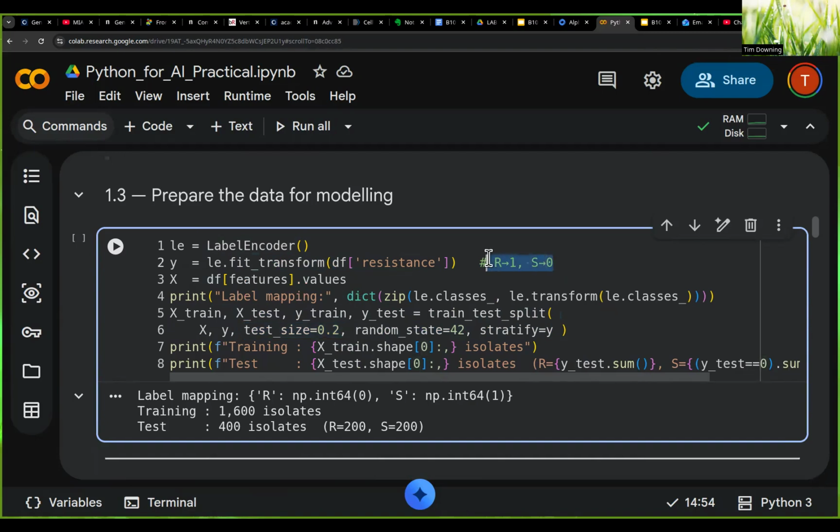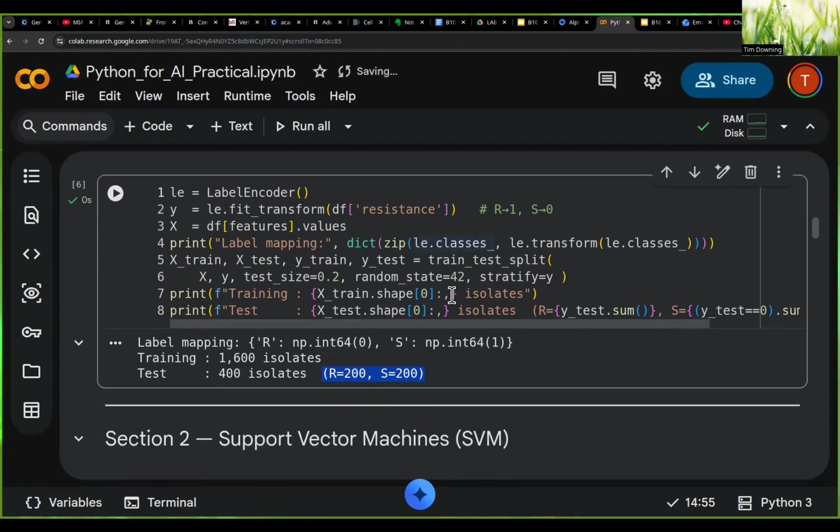And we're also encoding R as 1 and S as 0 to keep the data numerical, which is a better way to keep it. And what we're printing out there is the numbers that are allocated to each of the groups. We get 1600 in the training and 400 in the testing. So at the end, we're going to see if we can correctly classify those 200 R and 200 S into those categories based on the features.